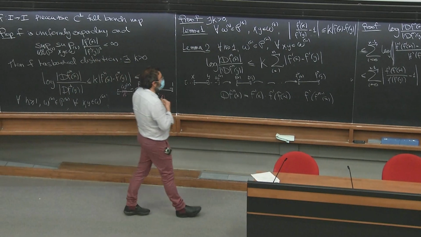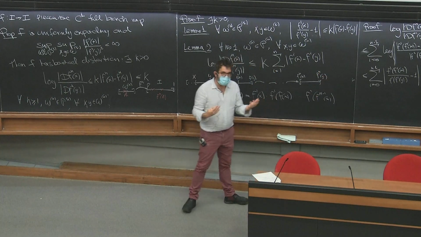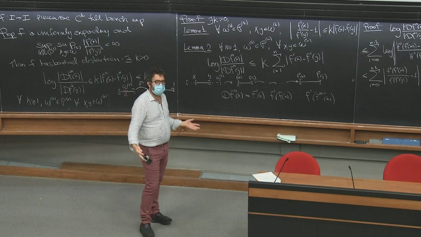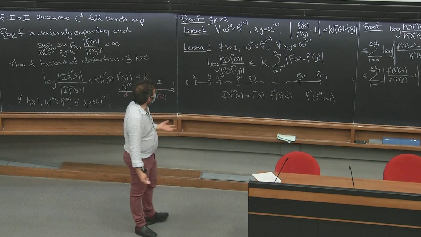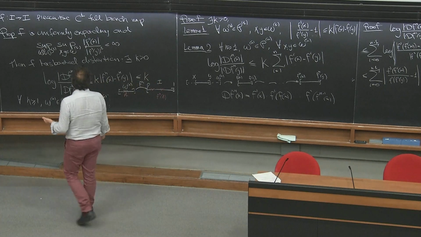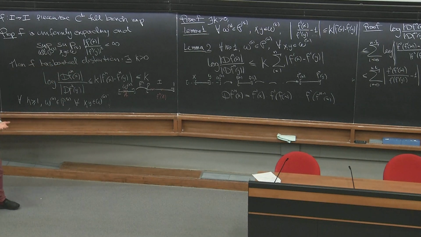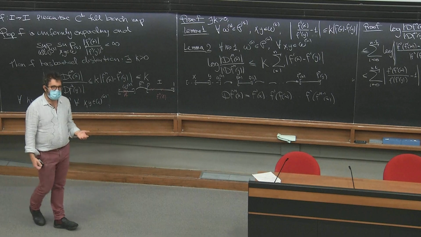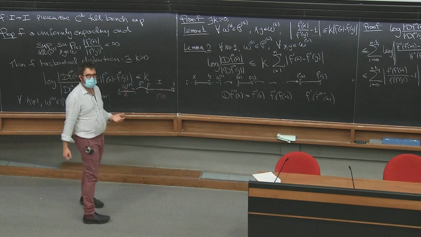How is it possible that you have an infinite sum of increasing terms, more and more terms, uniformly bounded? The derivative is bounded from below, for sure, yes.